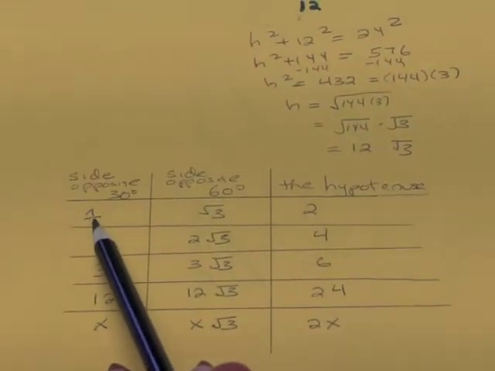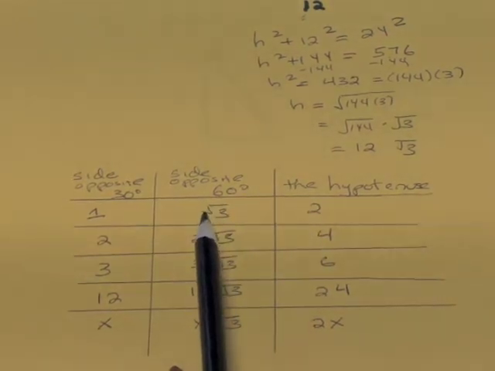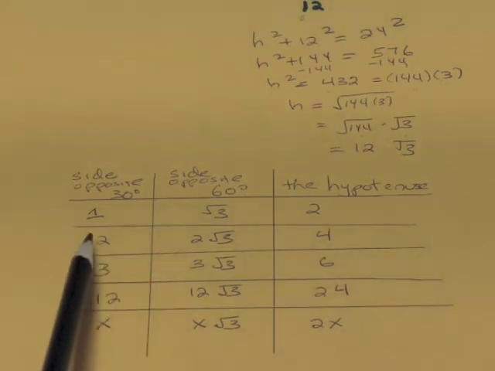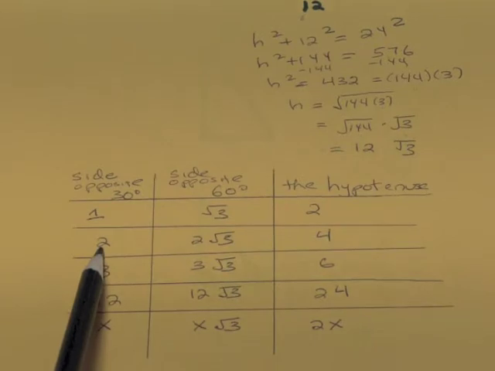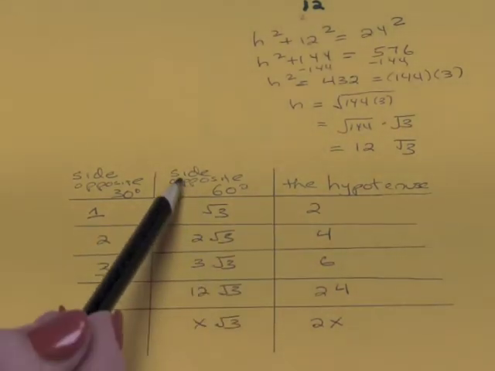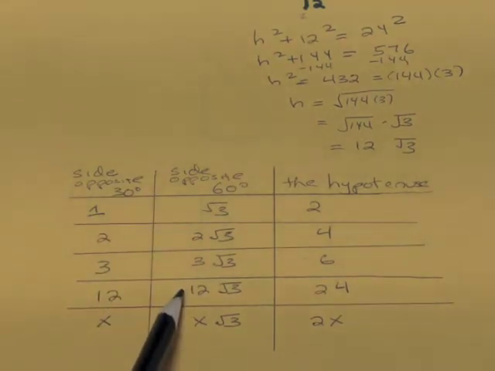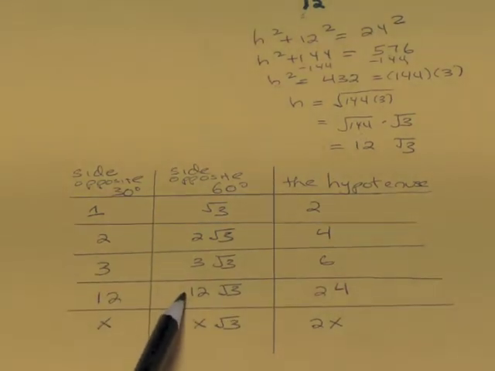When the side opposite 30 degrees is 1 and the hypotenuse is 2, well, the other leg is the square root of 3. And in each of these cases, we take the side opposite 30 degrees, half the hypotenuse, and multiply it by the square root of 3 to get the leg that's opposite the 60-degree angle, the longer leg. That's true for the smaller numbers, it's true for 12.